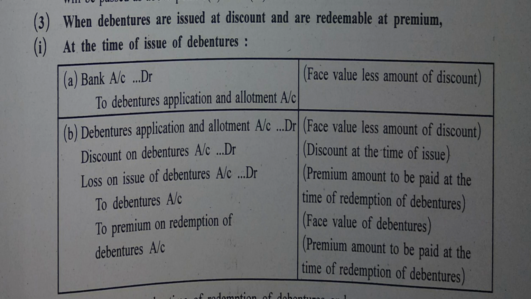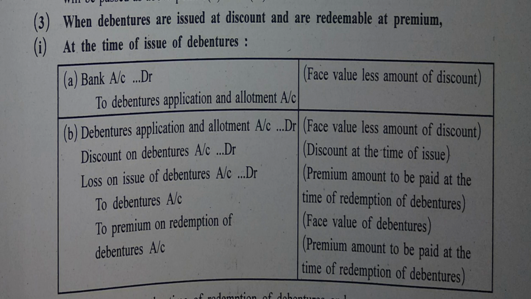The amount is paid. What is the journal entry when the amount is paid? It is simply debenture holders' account debit to bank. That means the amount is paid to debenture holders. But sometimes, instead of cash payment, the debentures are converted into equity shares.